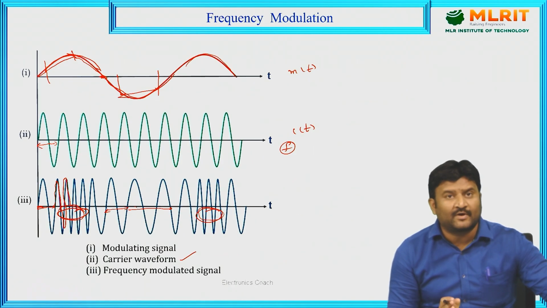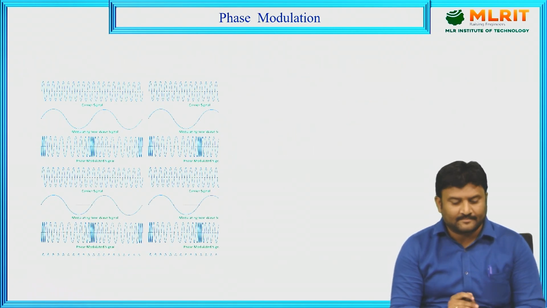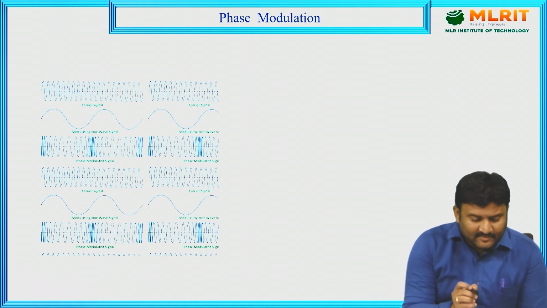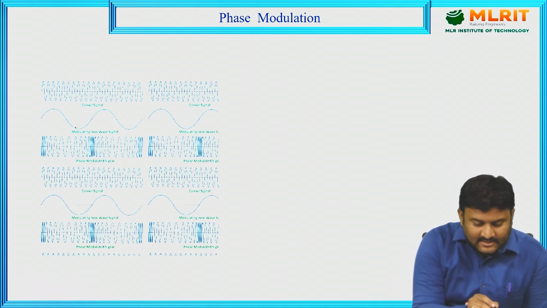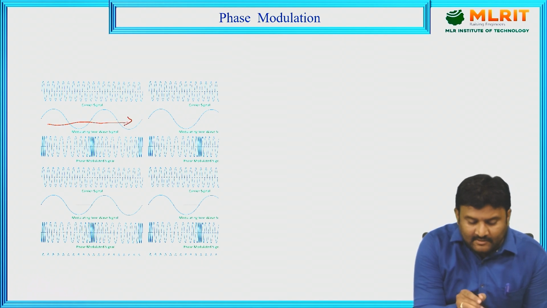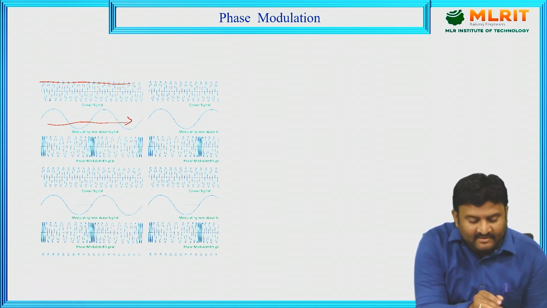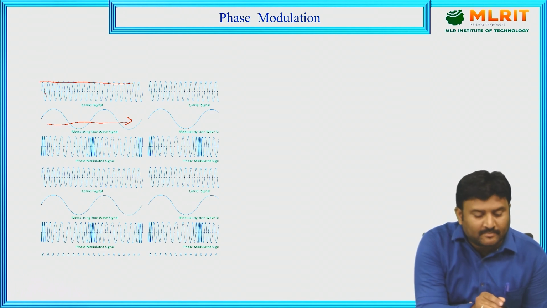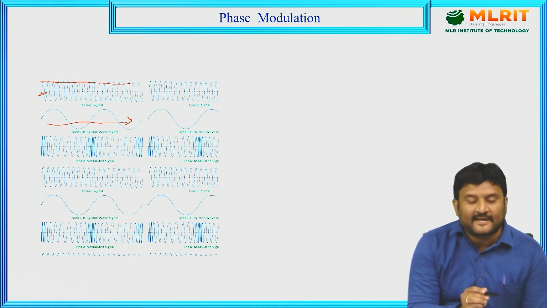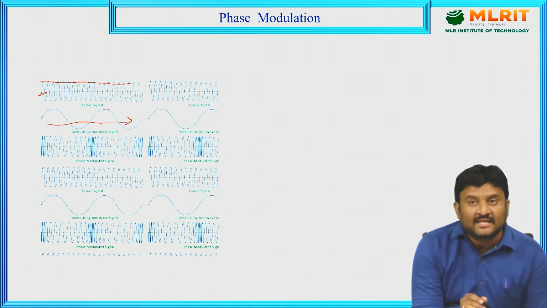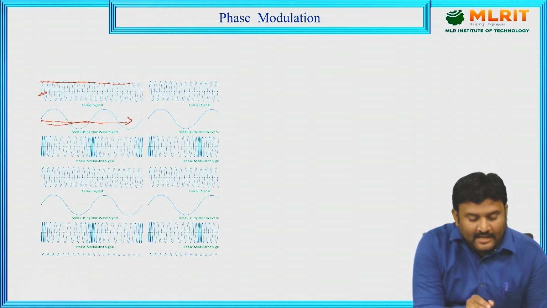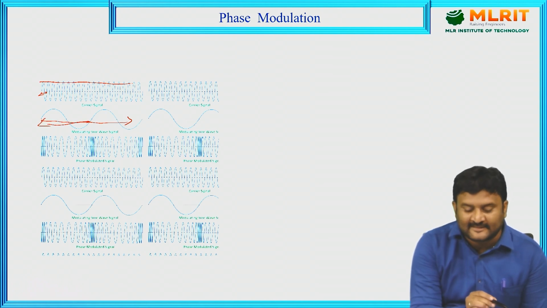Observe the waveform of the phase modulation. This is the modulating signal, we know very well, the information signal, and this is the carrier signal. It is a high frequency signal, that's why the time period between the cycles of the sine wave is very small. And this is the message signal, our information signal, having a larger time gap, that's why it is a low frequency signal.